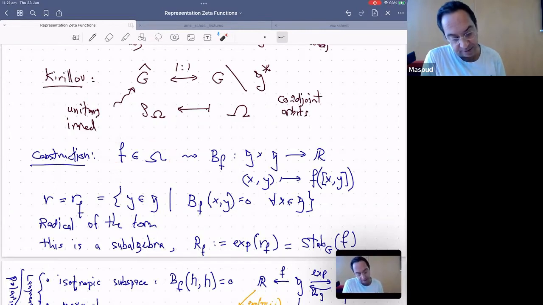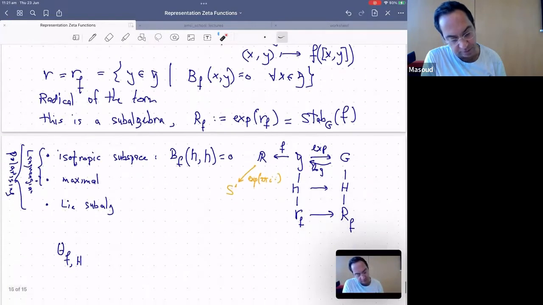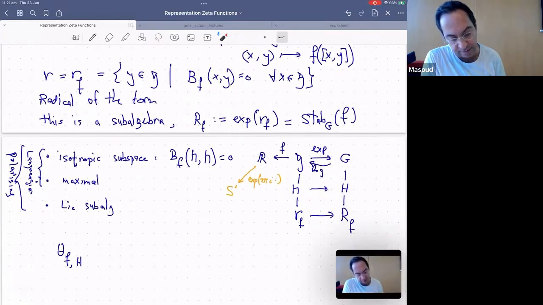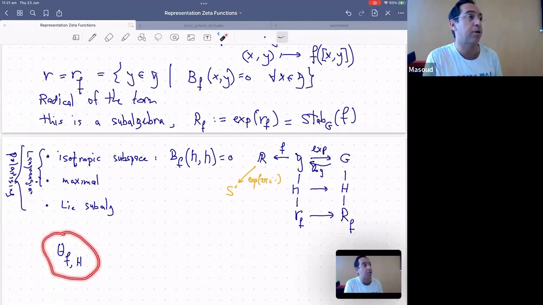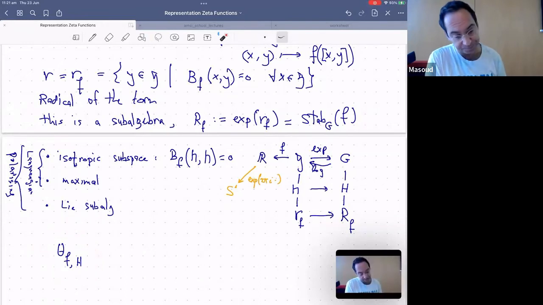With this representative, I computed the radical and the bilinear form and whatnot. And then I chose a polarizing subalgebra, and then I exponentiated. But at the end of the day, I chose a subgroup H. So that's also a choice. I'm just trying to remember what all the choices are that I made here.